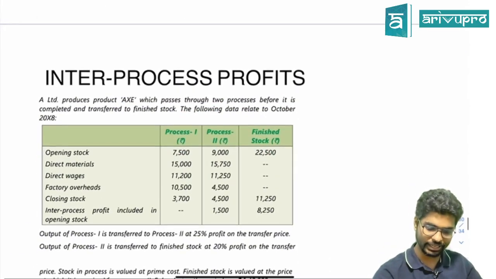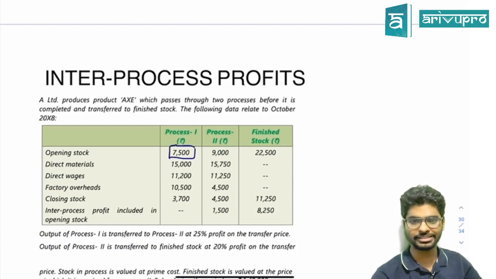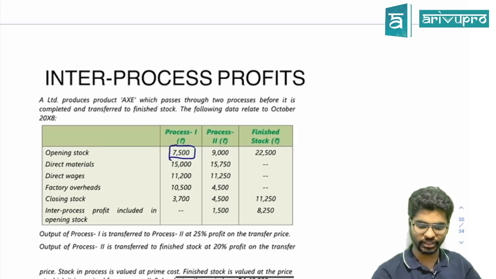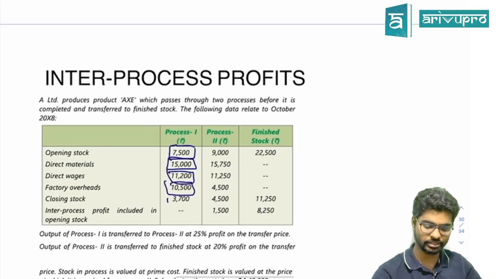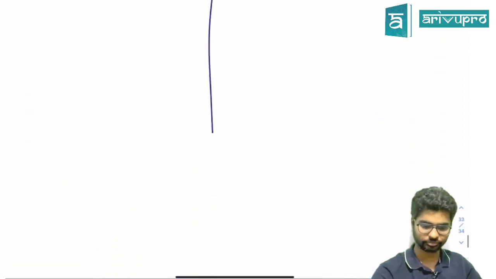Let's check, is there any opening stock? 7,000. Guys, I'll read the numbers as it is so that it becomes easier. Material 7,500, 30,000, wages, factory overheads, closing stock 3,700.